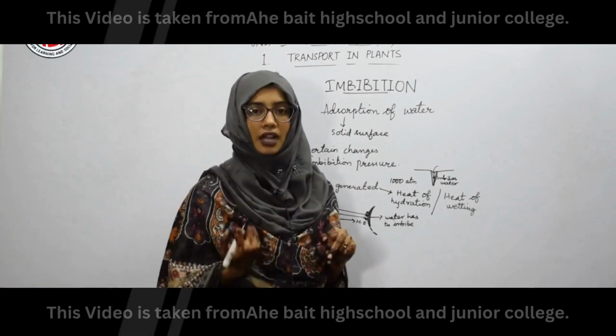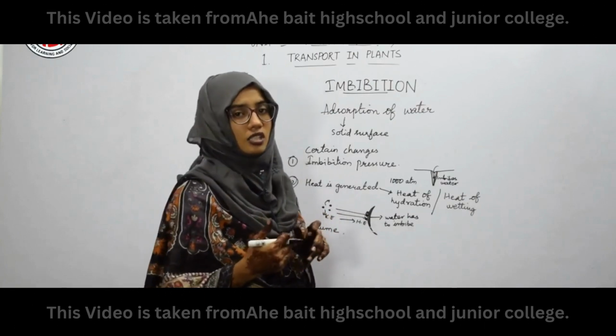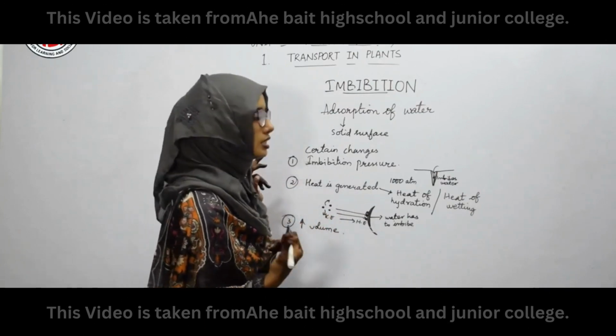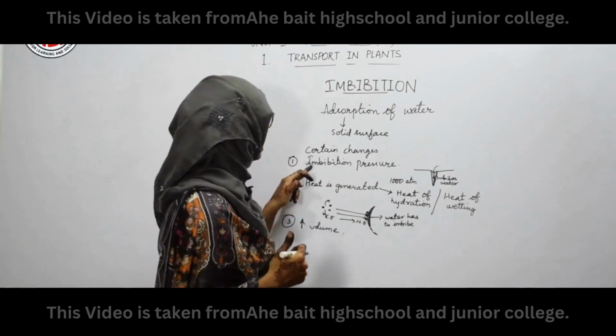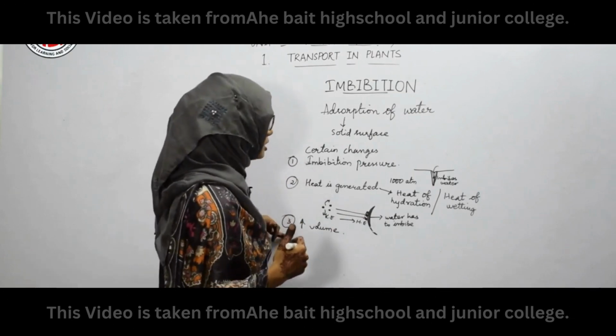As the doors imbibe water during the rainy season, they swell up and change their volume. So these are some of the changes we can see during imbibition: imbibition pressure, heat is released, and the volume is changed.